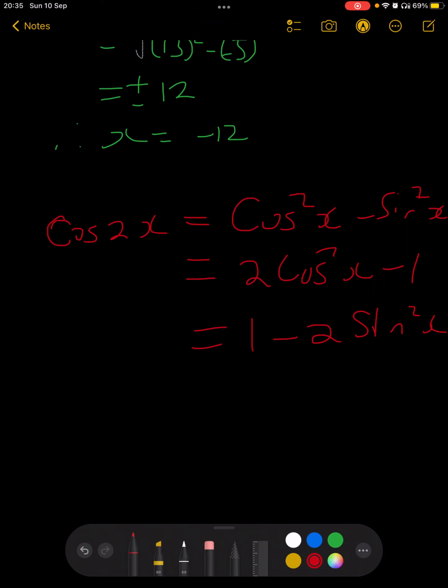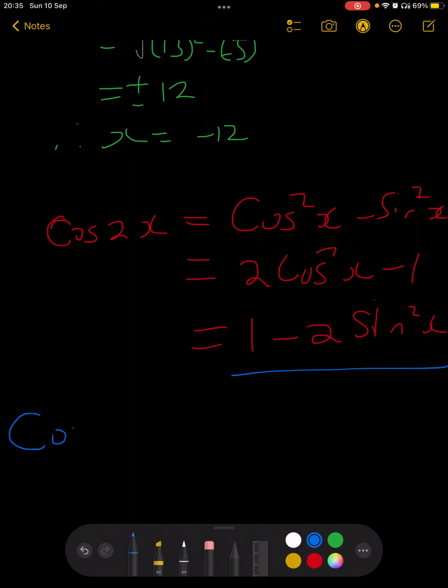Now, we already have sine from our question, so it's highly preferred that you use the identity that goes with what the question is giving you. So therefore here we'll be going with this one.